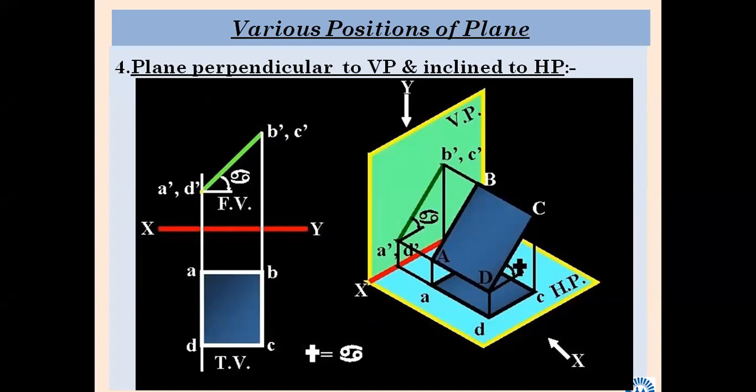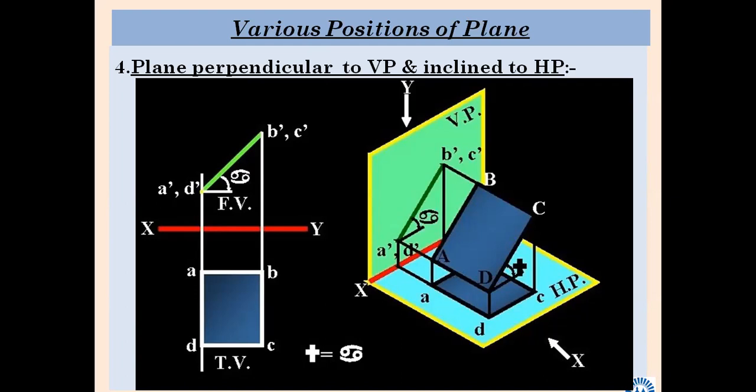What is the condition to show its true shape? Parallel. So, is it parallel to any plane? Intentionally I have asked this question. This plane is not parallel to any plane, which means it will not show its true shape.